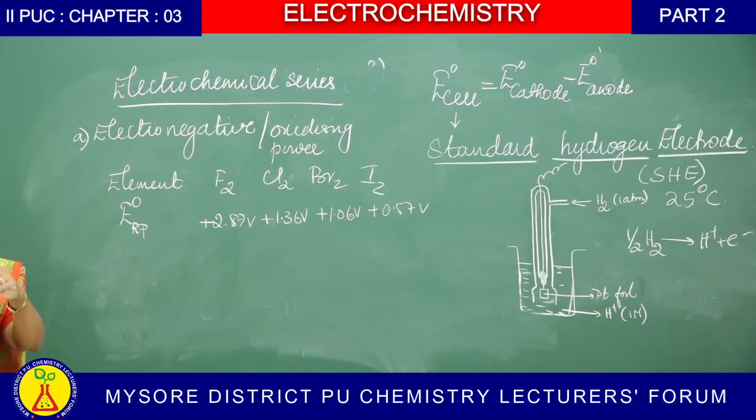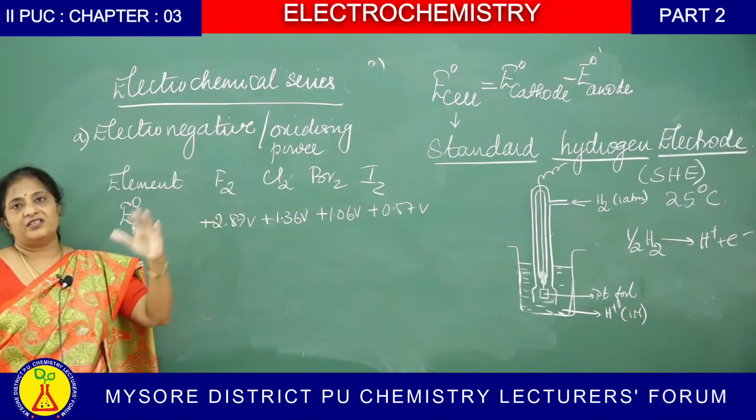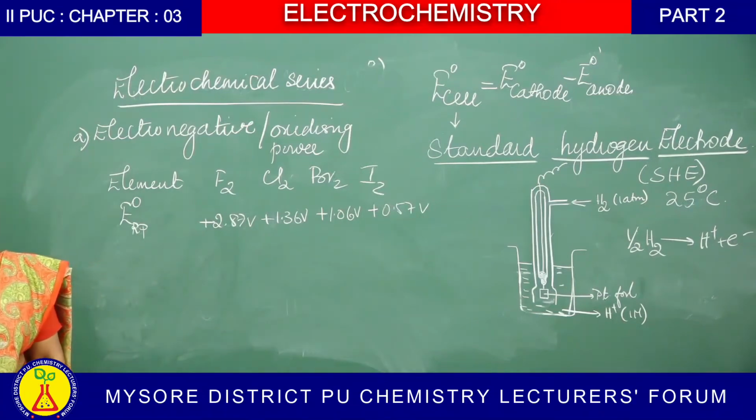So, if it has a greater tendency to accept electrons, then the other element will have a greater tendency to give electrons, or in other words, fluorine is oxidizing the other element.